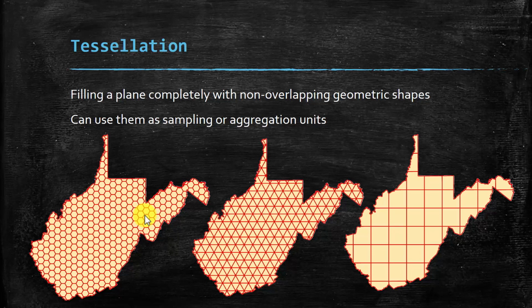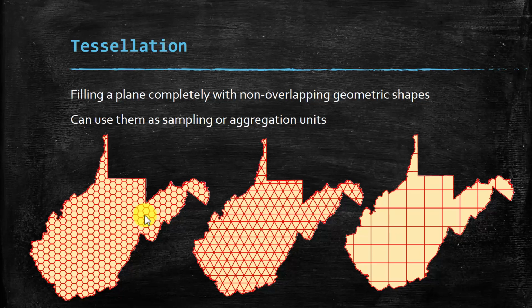One thing nice about this is, since you have units that are roughly the same, this can help alleviate the scale effect issue associated with the modifiable areal unit problem. When you do create a tessellation, it's important to think about the size of the tessellation and which shape you're going to use. Again, I really like hexagons for this.